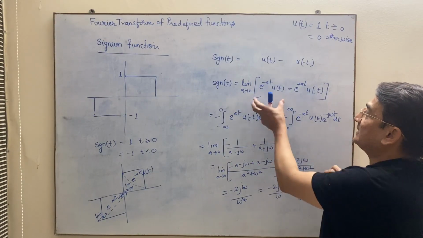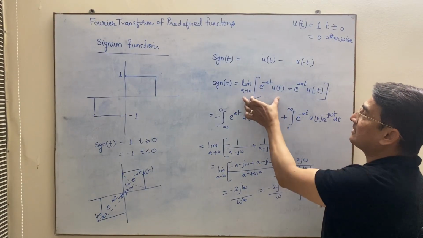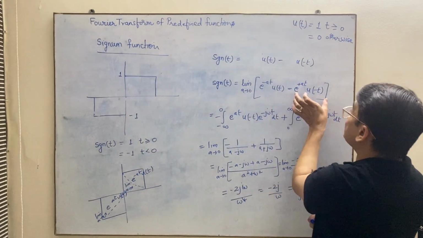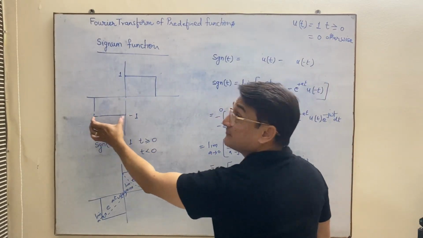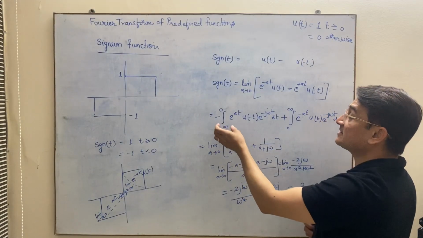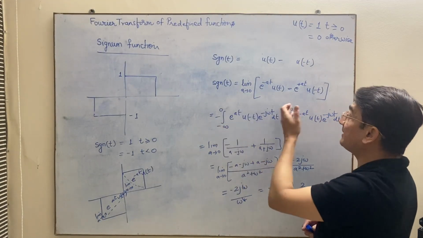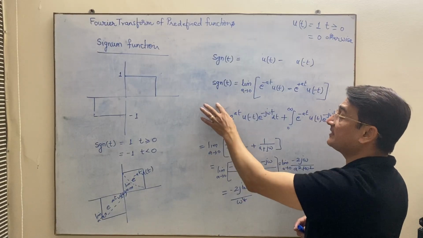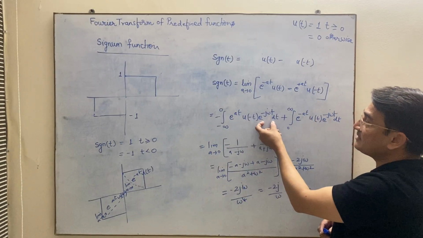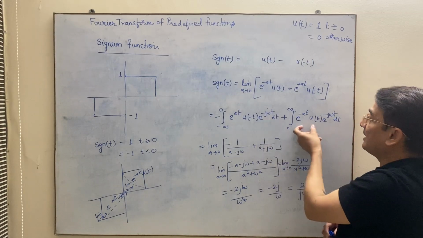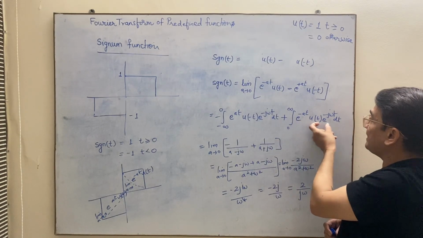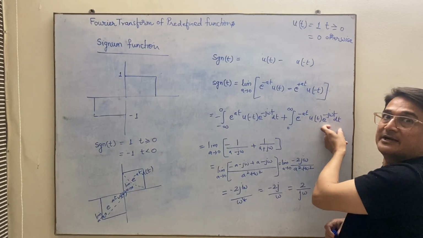Now this part is basically the limit 0 to infinity and this part is basically the limit minus infinity to 0. The formula for the Fourier transform exists for the limit minus infinity to plus infinity. So from minus infinity to 0 your function is e to the power at u(minus t) e to the power minus j omega t dt, and for 0 to infinity your function is e to the power minus at u(t) e to the power minus j omega t dt.